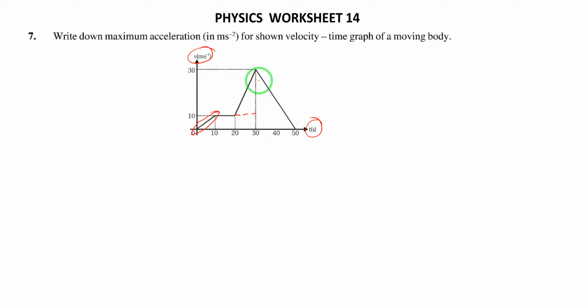Draw this. Find this height. This height is 20 and this base length is 10, and therefore acceleration is the slope, that is dv upon dt, and it will be 20 upon 10, that is 2 meter per second square. This is the answer.